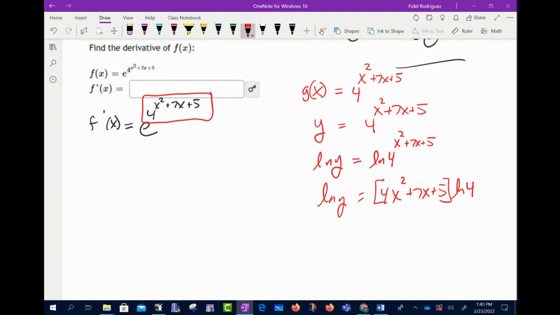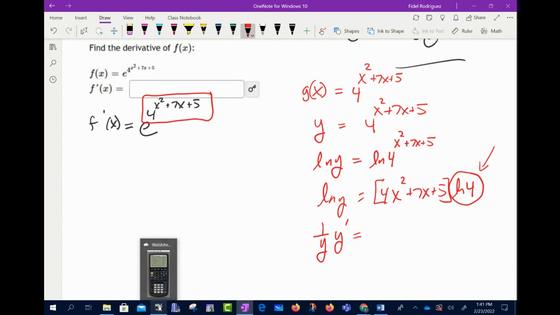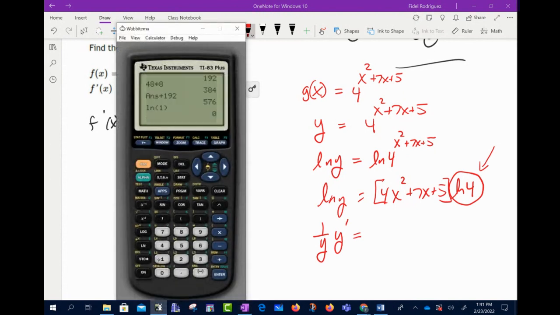Now, we're going to take the derivative on both sides. So 1 over y times y prime equals. I want to point something out here. Do you guys understand that this is really a constant? It's just the natural log of 4. It would be a value, right? If I were to take my calculator, I could say the ln of 4 is 1.386, right?